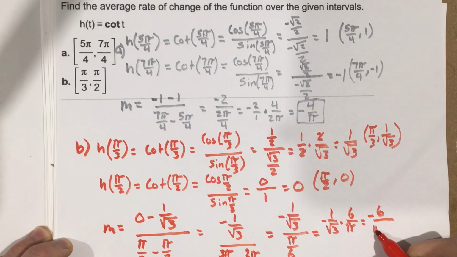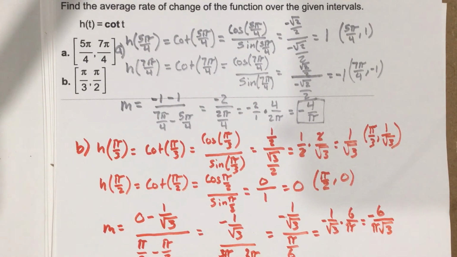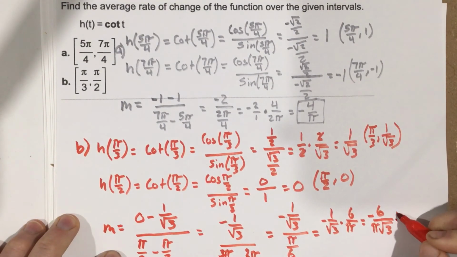over pi root 3. Now we could probably rationalize that. If we do rationalize that, we're going to multiply by root 3 over root 3.